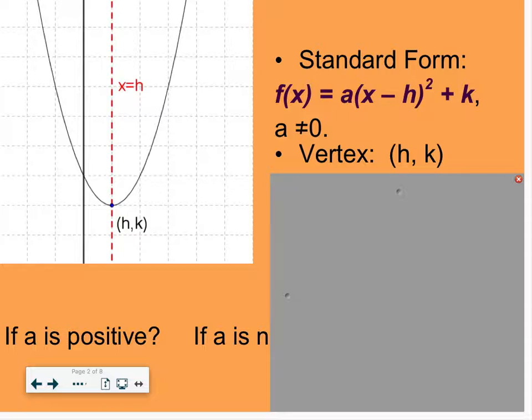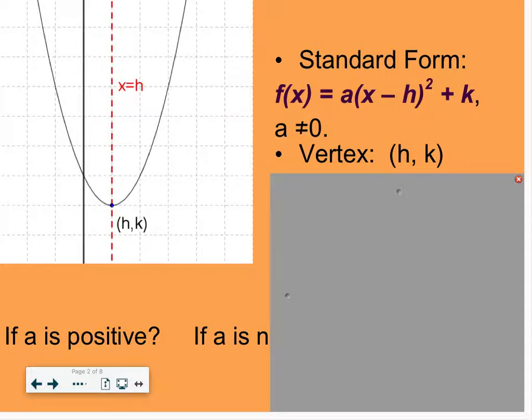It is nice when your quadratic is in this form because we can determine what h and k are. That's where our vertex is. a gives us a vertical stretch or shrink, so we can look at that equation and in about 30 seconds come up with a graph. That's why we've talked about all of these functions and their transformations.